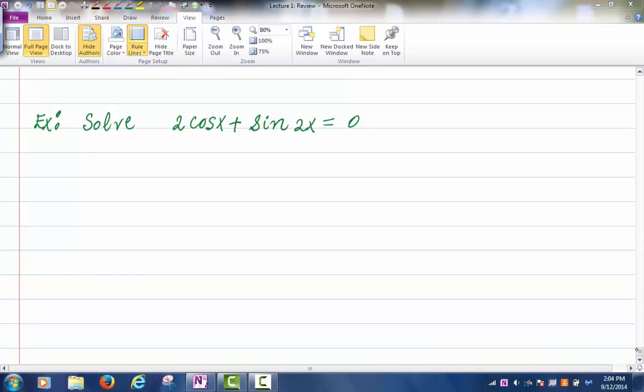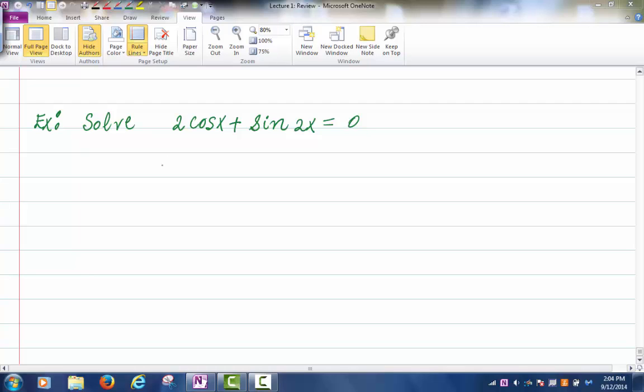In trigonometry, often when you have no idea how to proceed, you look for identities that you can apply. Here you see that you have double angle for sine. So that tells you let's try applying the double angle formula for sine.